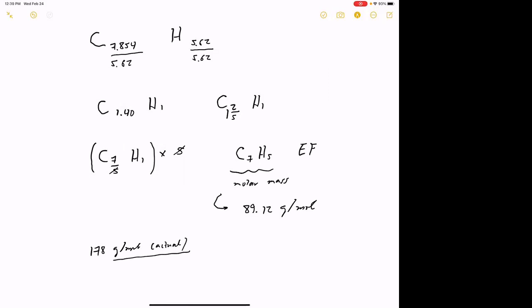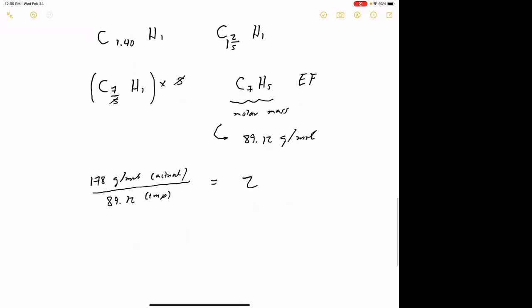And I'm going to divide that by the molar mass for the empirical formula, which is 89.12. So I'll put EMP for empirical, so you know what it is. And what I'm going to get there to the nearest whole number is going to be 2. So what that's telling me is that I need 2 of the empirical formulas to get to the actual molecular formula. So I could think of this as C7H5, that's my empirical formula, taken twice.